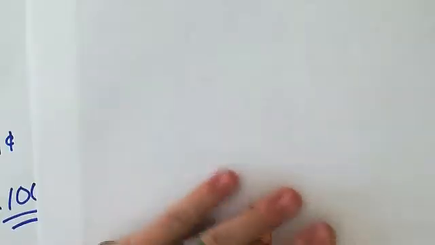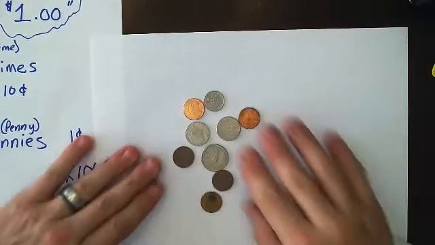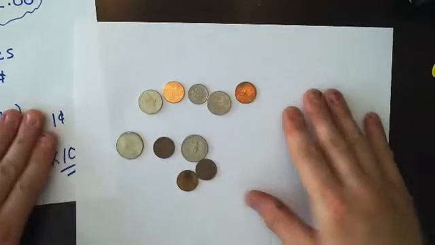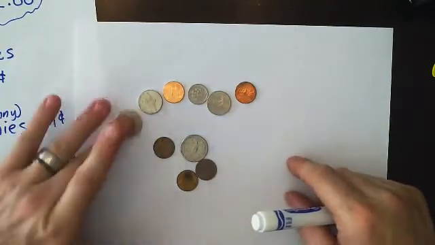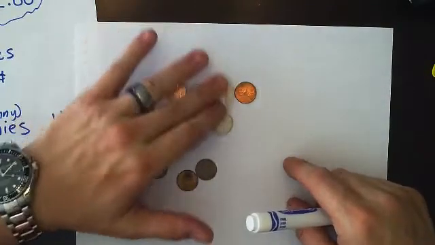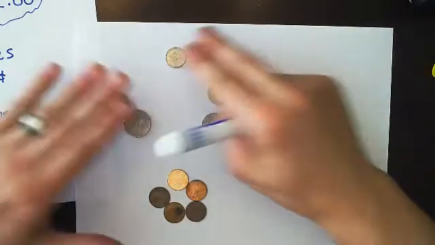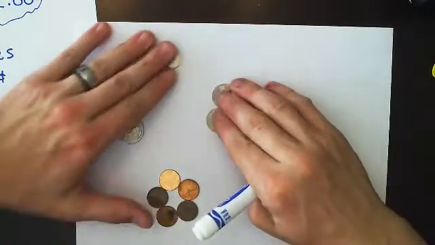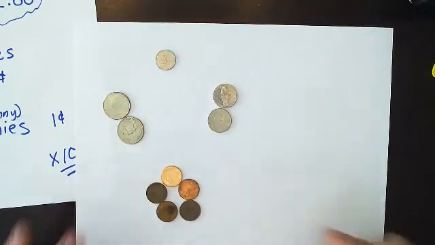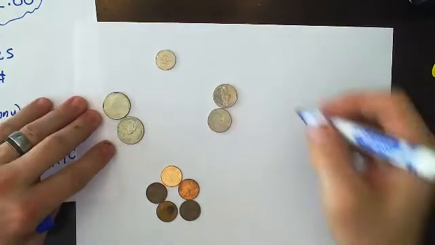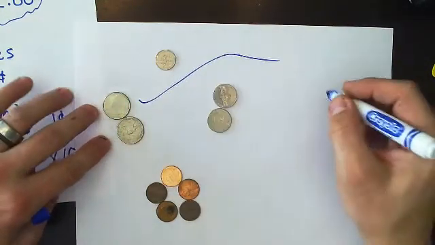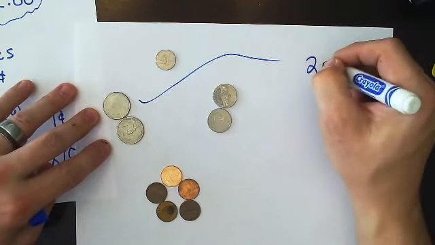Okay? So if we wanted to add some of these amounts up, the best way to do that normally is to separate your coins so that they all match. That way they're not all mixed up. So you can tell here I have 2 quarters. Well, we know the quarter is worth 25 cents.